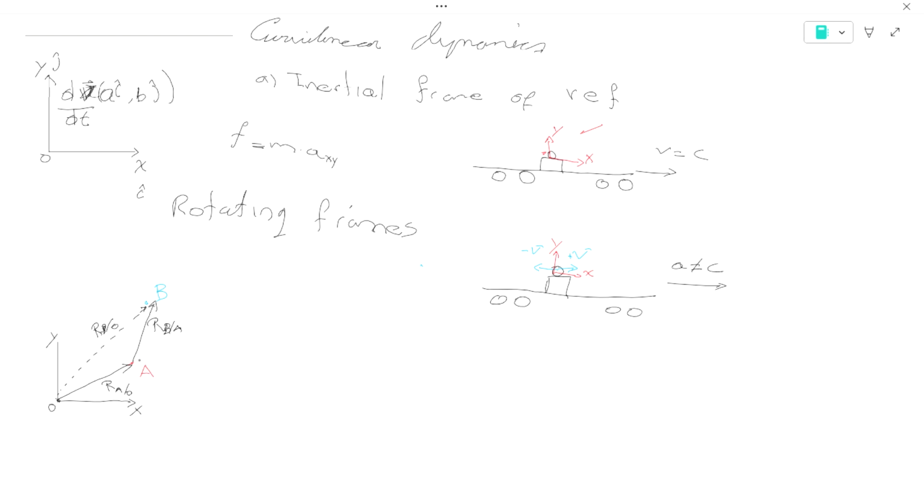Well, here it's not as easy. Here these distances can change. So basically, if you want to compute, say, the velocity of the point B, we would say the change in distance of B with respect to O in time. This distance is changing, so if you change the distance in time, you're going to get a velocity, right?